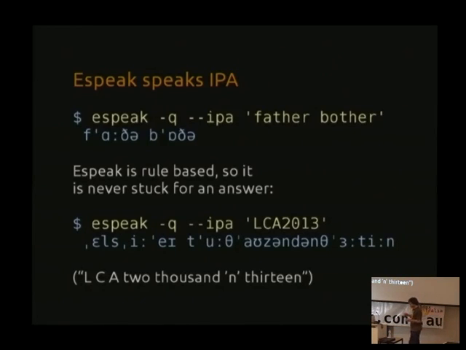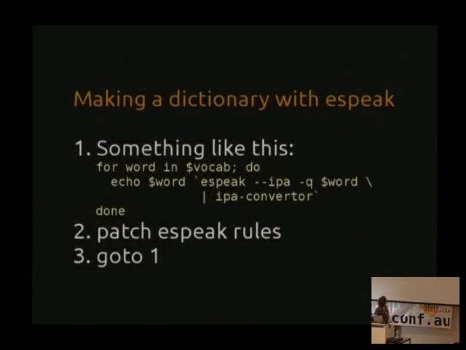The actual symbols you use don't matter so long as they're ASCII. And it does quite a good job of something like LCA. It says LCA 2013 rather than 2013. So you just sort of iteratively run through it, and then when things are broken, you fix the rules and go back.